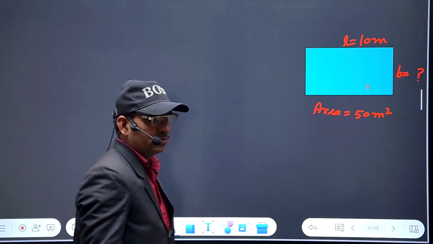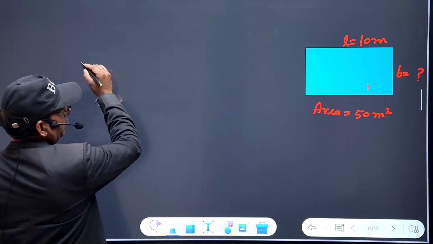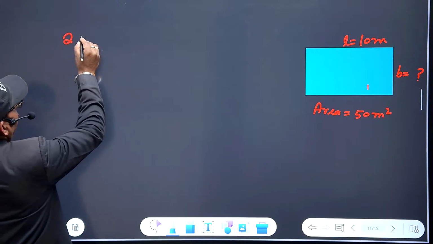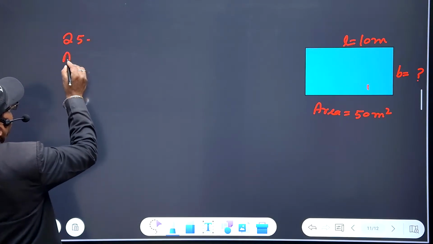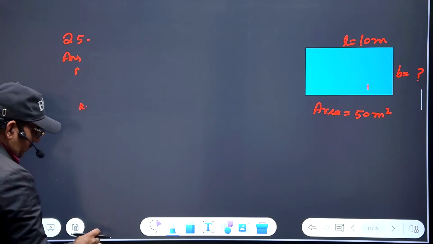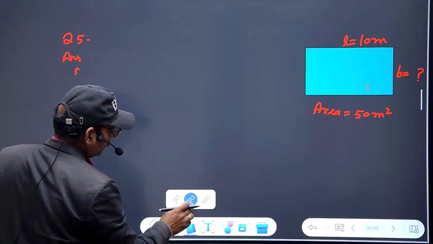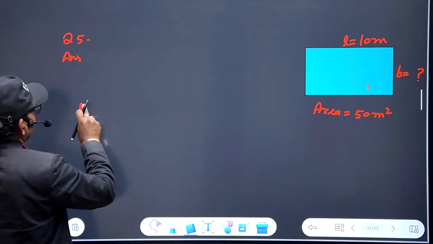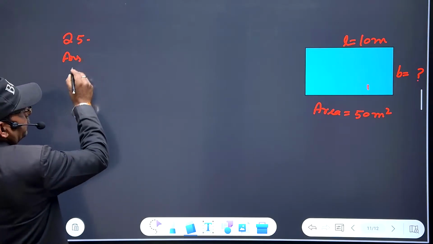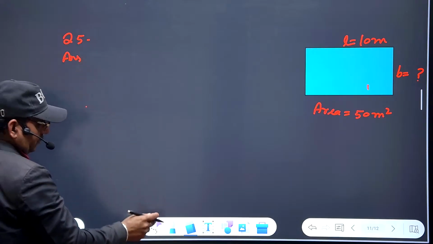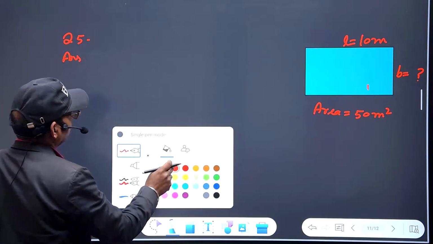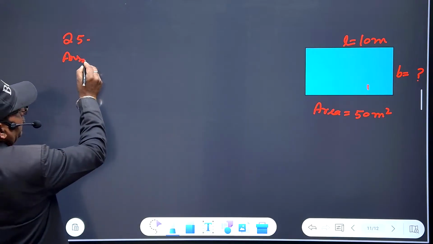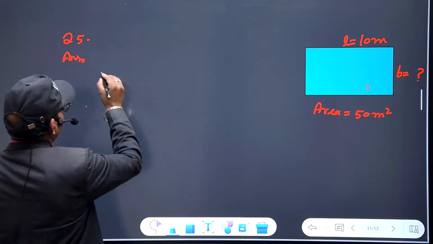Okay. So here, question fifth, answer. What is given?